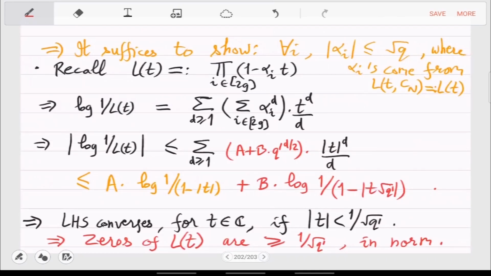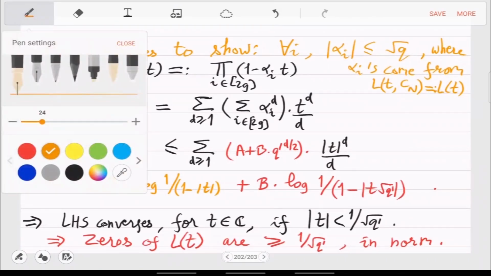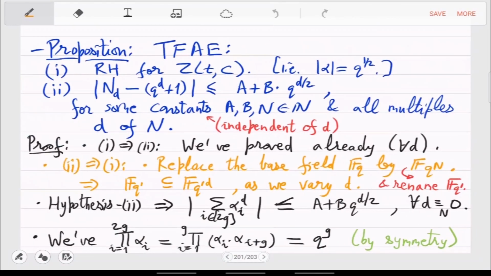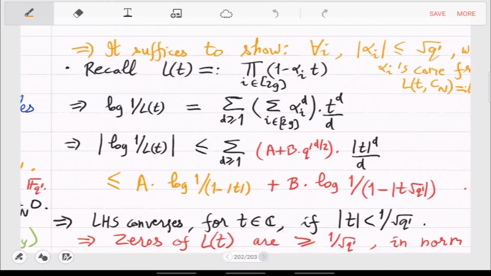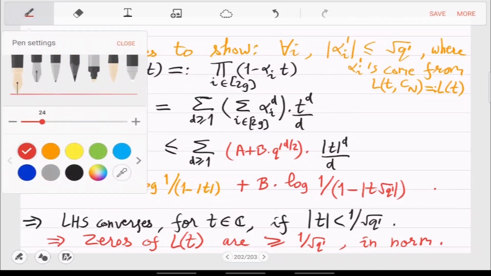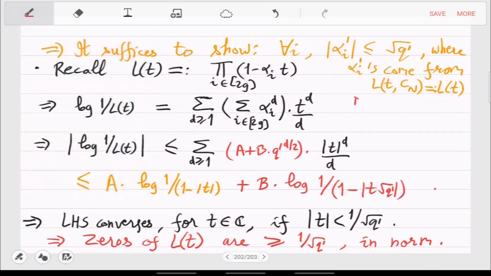So this has to be put here. Well, if you want, we can change alpha i to alpha i prime to avoid confusion. So alpha i prime is actually alpha i to the n.